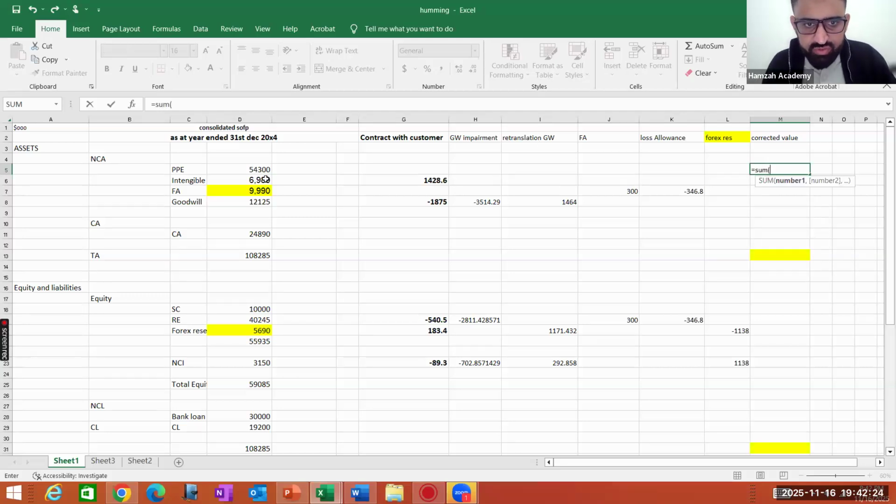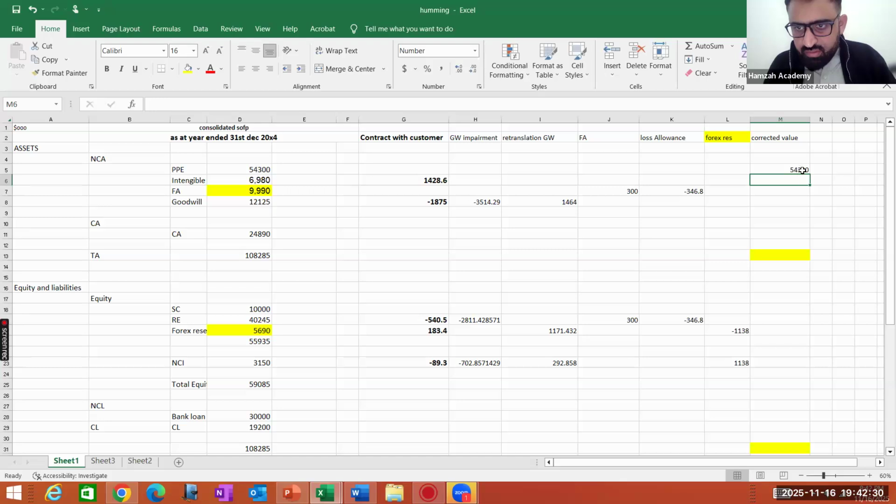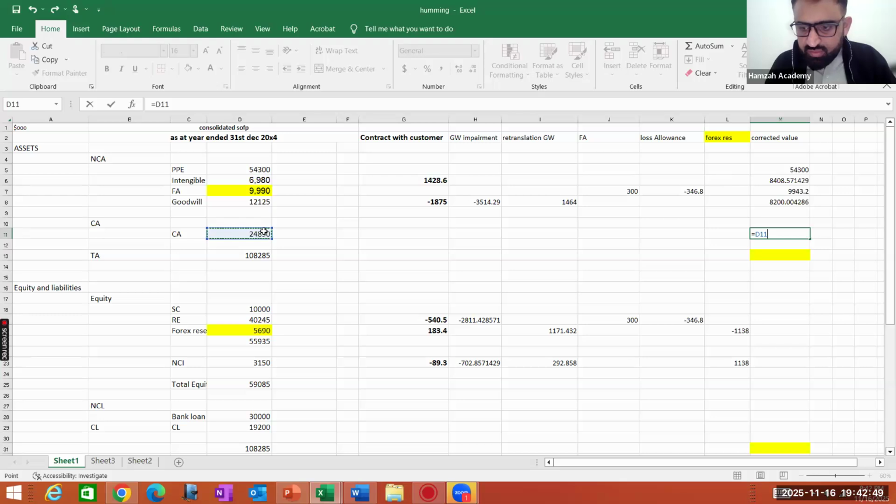find the correct values. First of all, property, plant and equipment. Then intangible asset, financial asset, and goodwill. There is no adjustment in the current assets, so they will be taken the same.